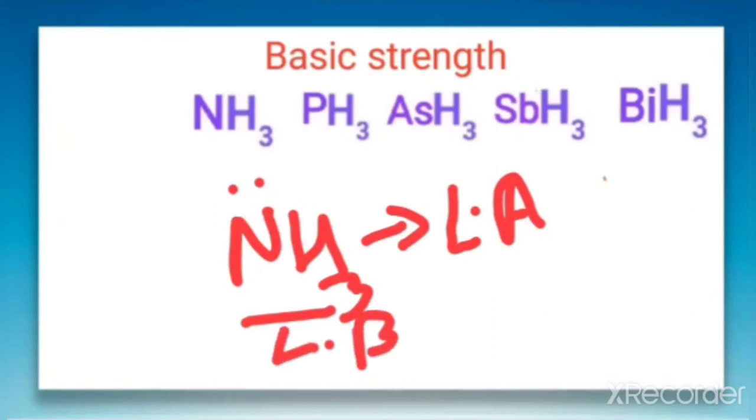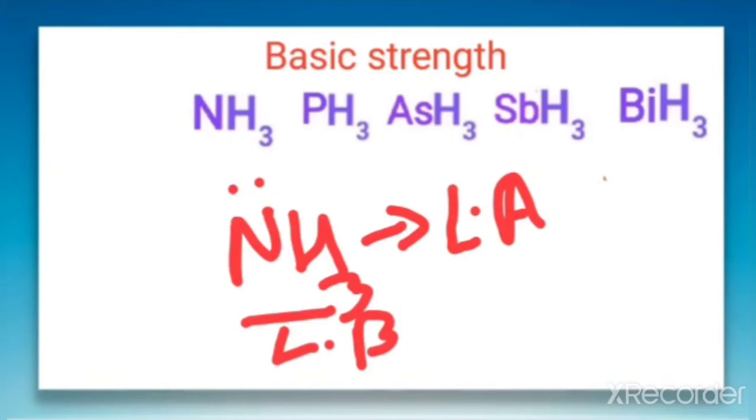These hydrides, having a lone pair, have a tendency to donate it. Therefore, they are Lewis bases.